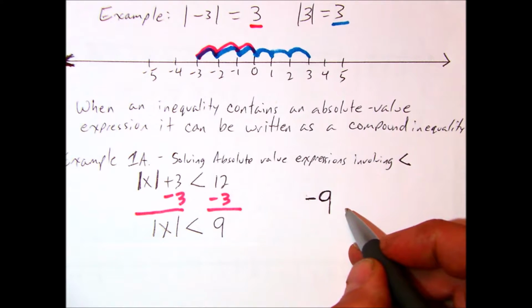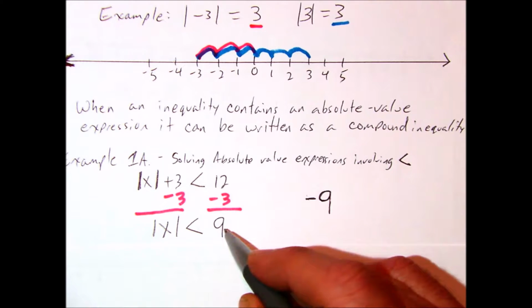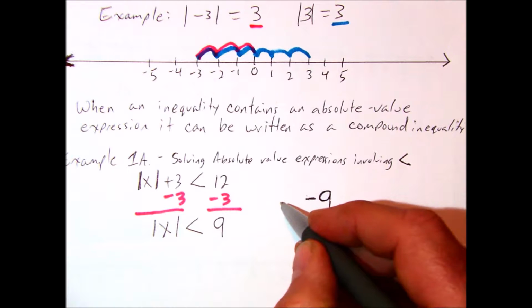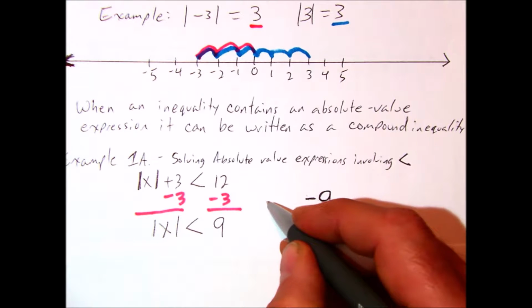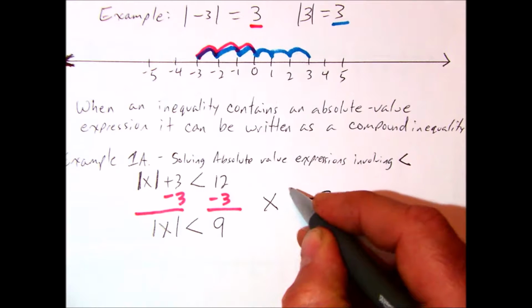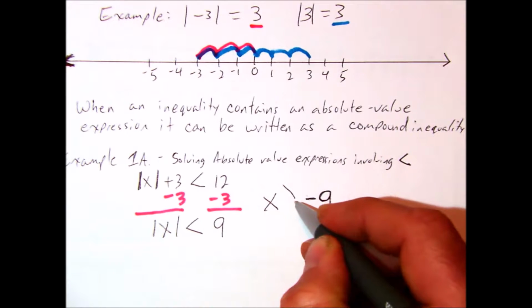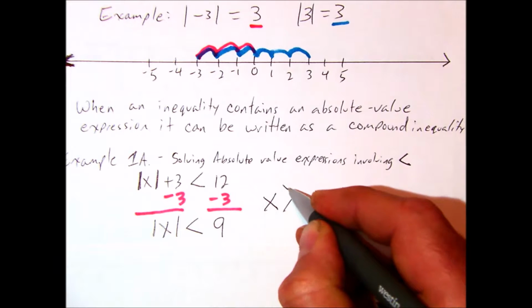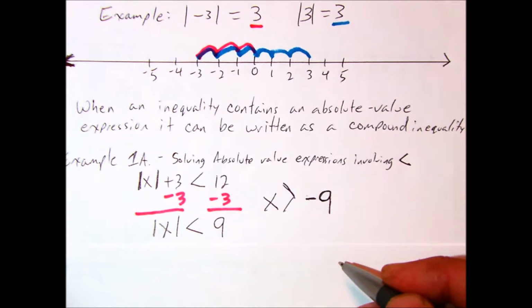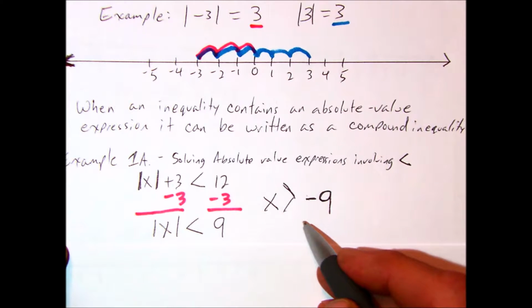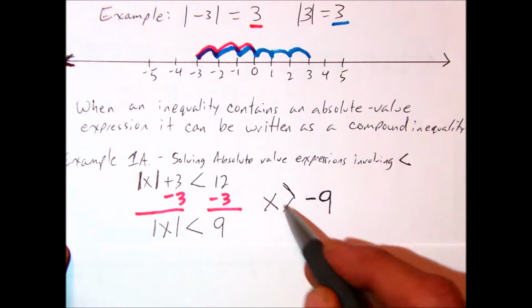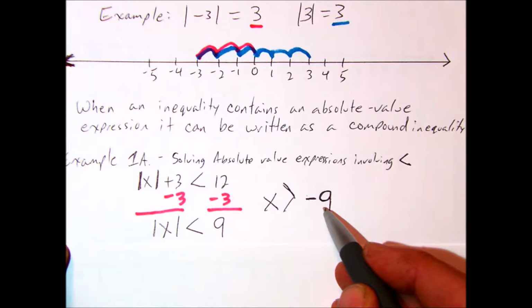So it's going to be less than 9 units from 0. So x is going to be greater than -9. So -8.5, -7, -6 are all greater values than -9.